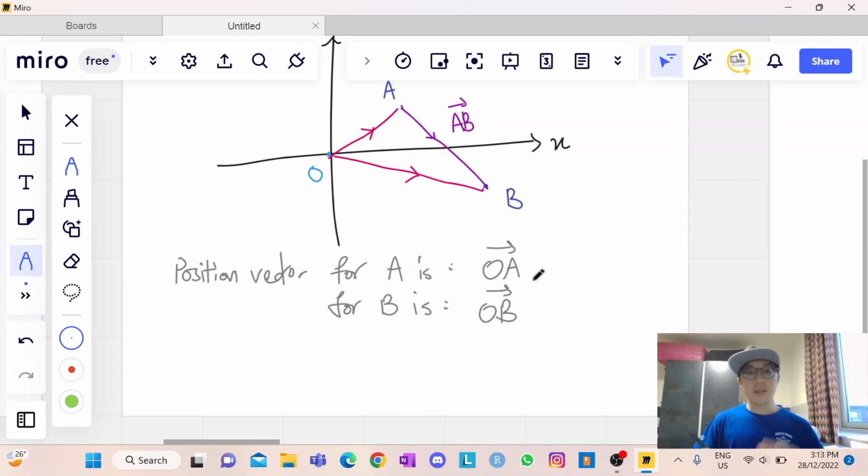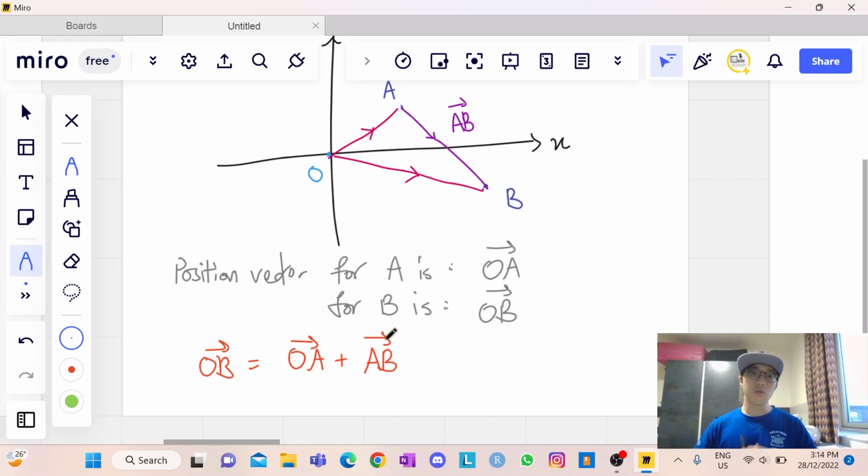If you look at the diagram, this arrow from OA to AB is equal to OB, because as you look at the arrows, both of them start from O and end at B. Therefore, we can produce the relationship saying that OB equals OA plus AB.